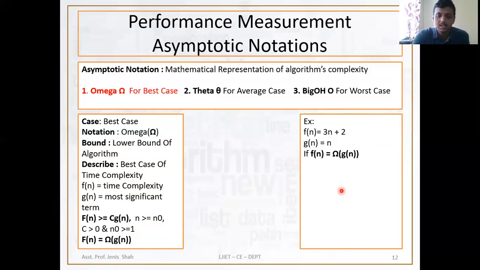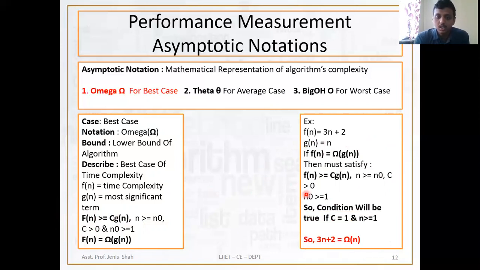It needs to satisfy the condition: f of n is greater than or equal to c g of n for n greater than or equal to n0, where c is greater than 0. The condition will be satisfied with c equal to 1 and n equal to 1.